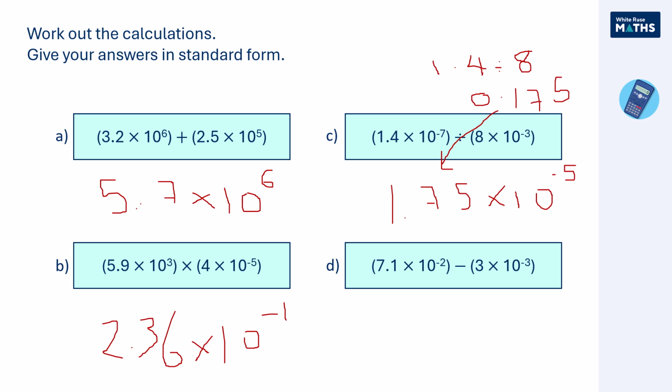And lastly here, guys, let's work it out on my calculator, because I'm being a bit adventurous. So 7.1 times 10 to the power of minus 2, close brackets, subtract 3 times 10 to the power of minus 3, close brackets, press execute.